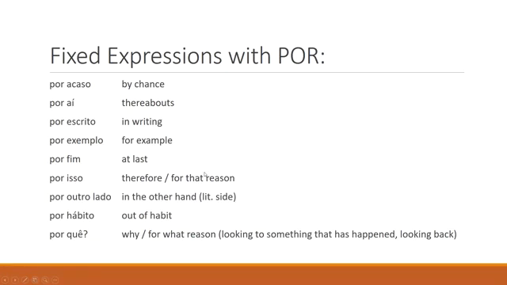Por outro lado, on the other hand, we say on the other hand, lado here they've got side. Por hábito, out of habit. Por quê? Why? For what reason? Looking at something that's happened, we're looking back and therefore it results in something.